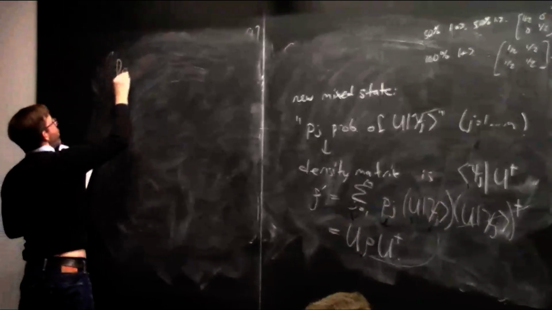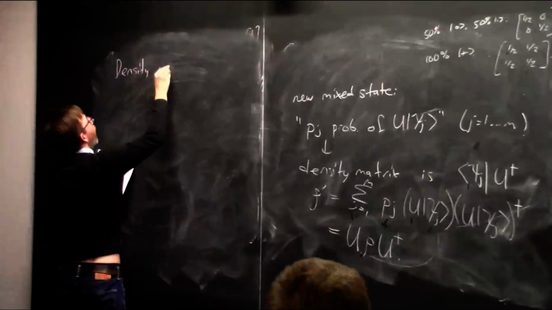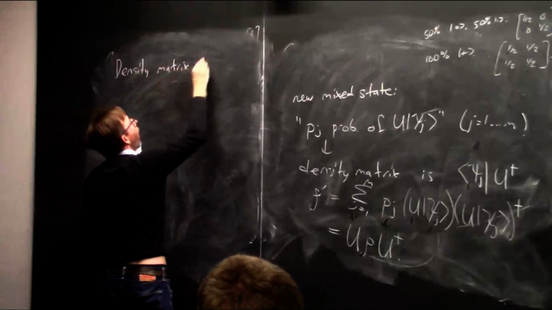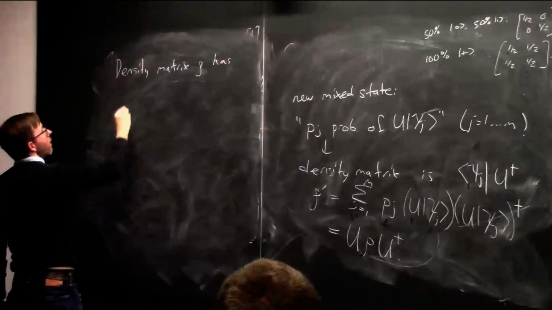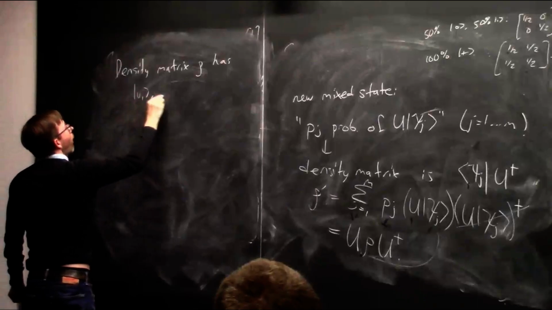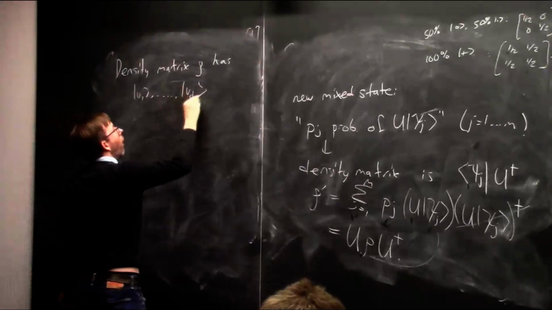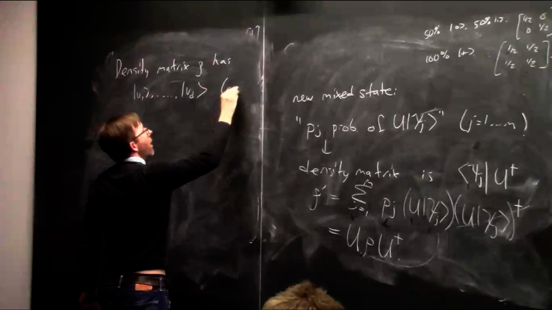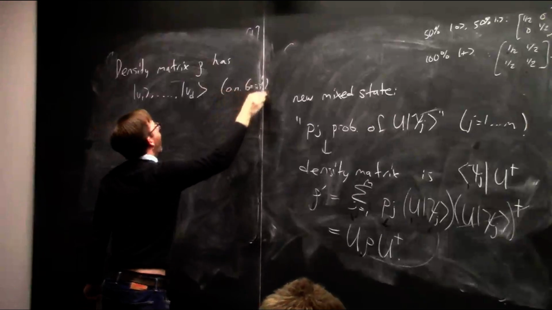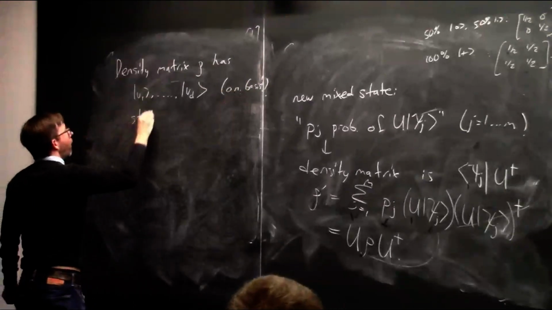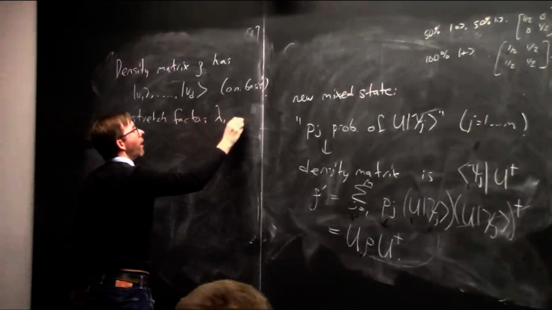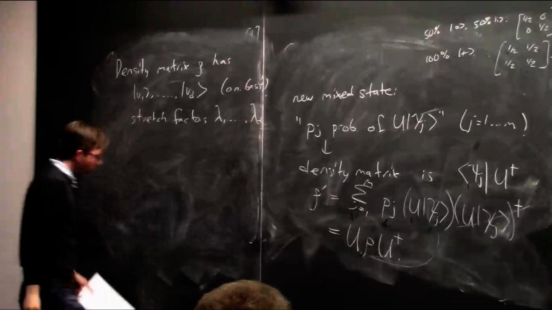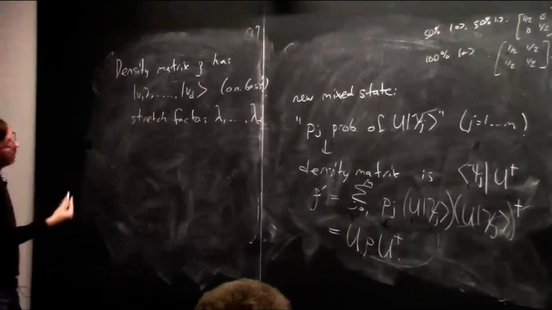OK, so a density matrix rho has an orthonormal basis and stretch factors, or eigenvalues, lambda 1 through lambda d. But it has two other properties.